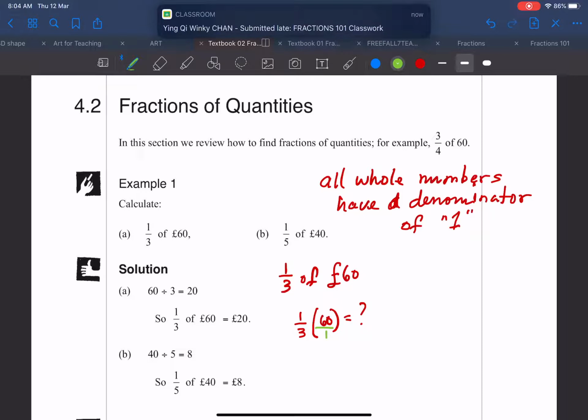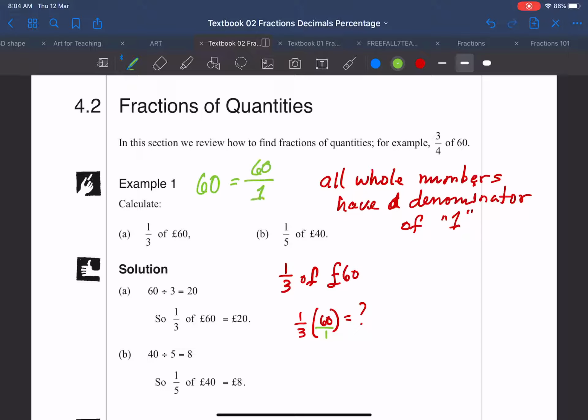Why is that? Because any number divided by 1 is itself. That's the identity property of division. So 60 is really the same as 60 divided by 1, because 60 divided by 1 is still 60. The value does not change. But now it gives you a clearer picture of a multiplication problem.